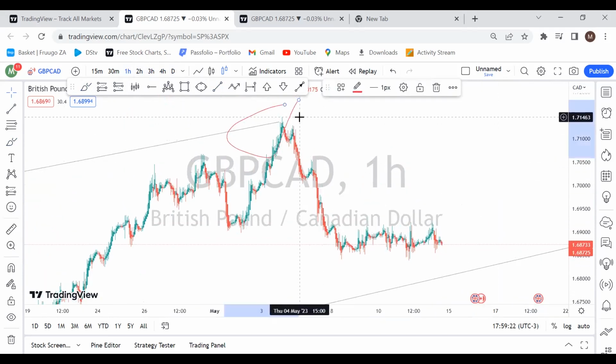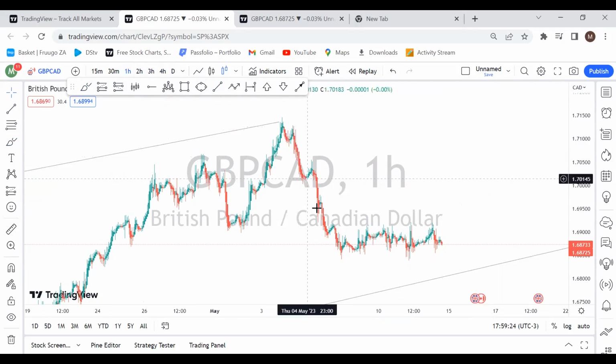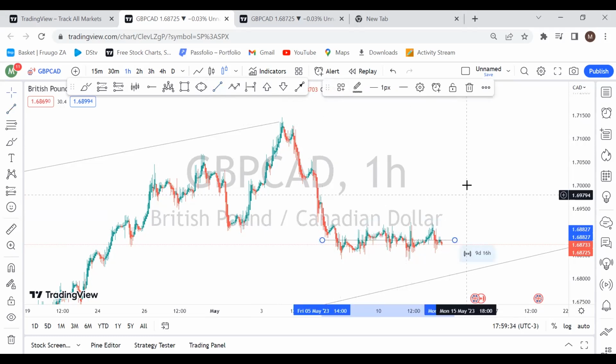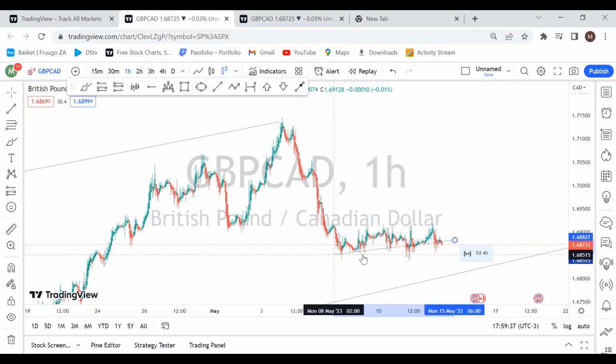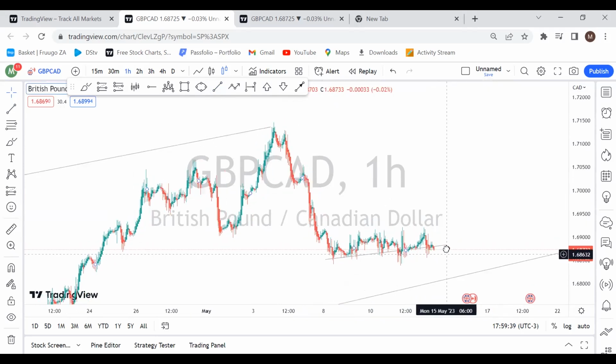So you guys can see that, cool. This is our impulse to the downside. Here we have the market just going sideways, right? And that is by definition a correction.